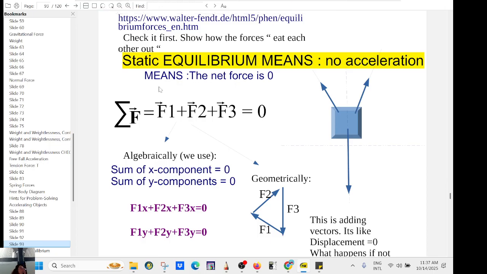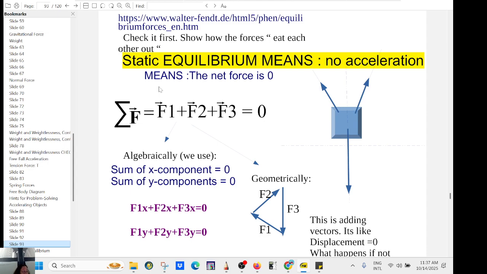Okay, and then we have static equilibrium. So you have two kinds of equilibrium: static and dynamic. Dynamic means that it's moving at a constant velocity. Static means it's not moving. In both cases, the net force is zero, so the acceleration is zero.